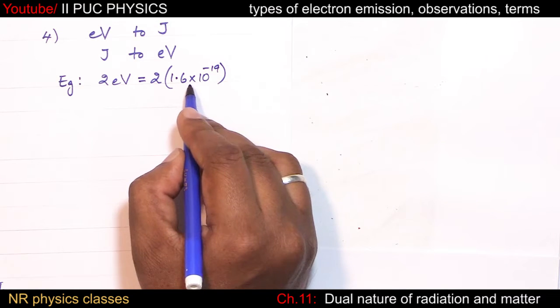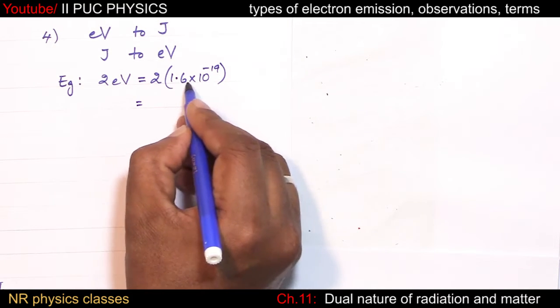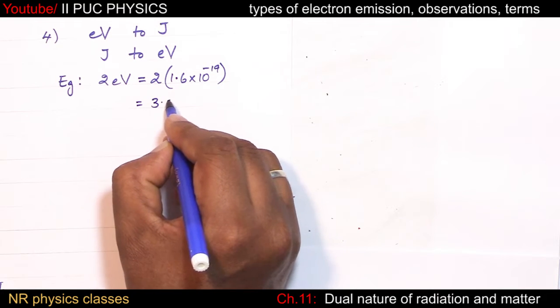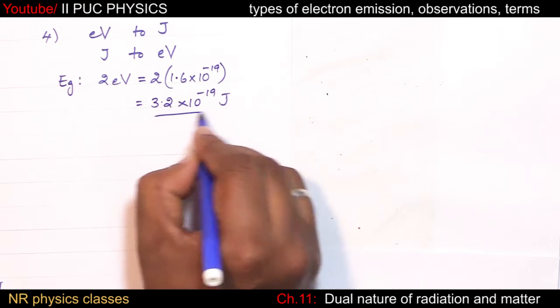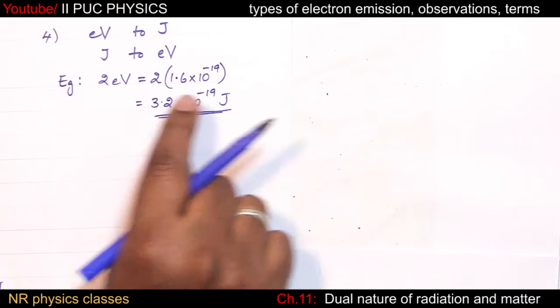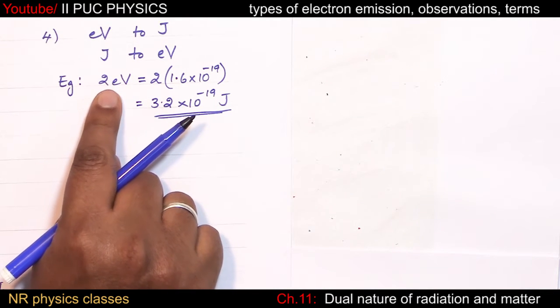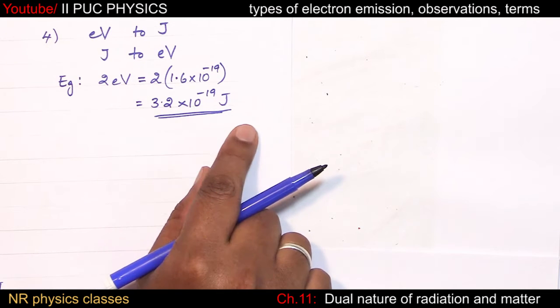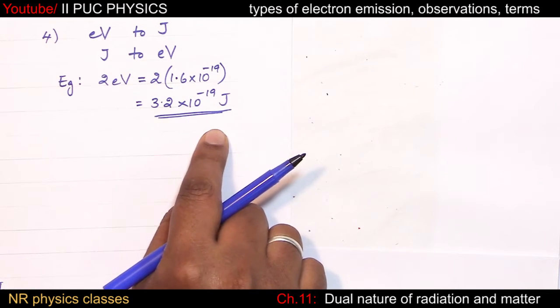This is magnitude of charge of an electron. 1.6 into 2 is 3.2 10 power minus 19 joule. So this is in joule. If energy is given in electron volt, you have to convert that energy to joule and then calculate to find either wavelength or frequency.